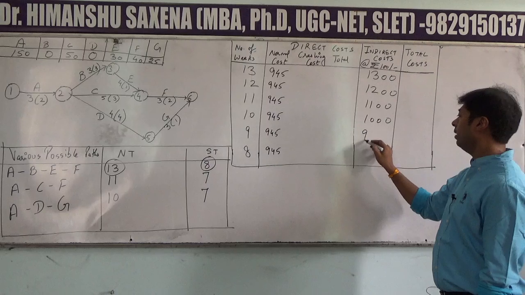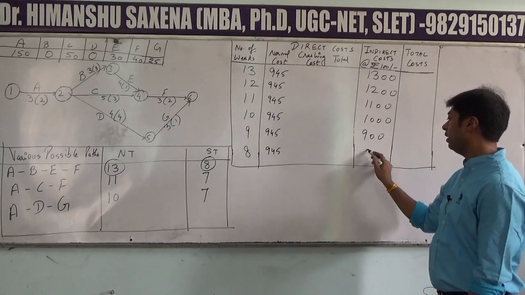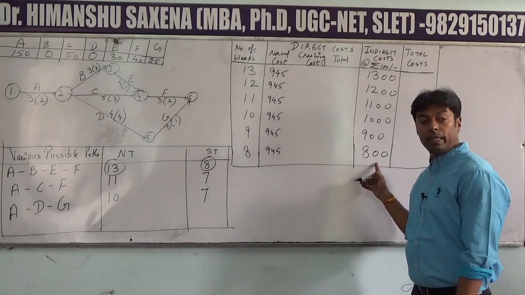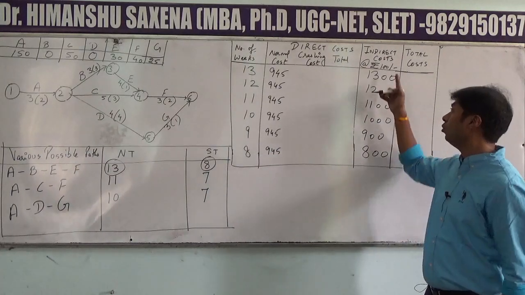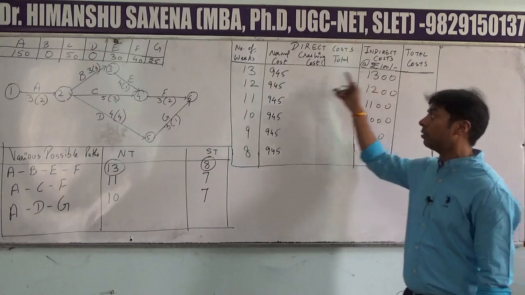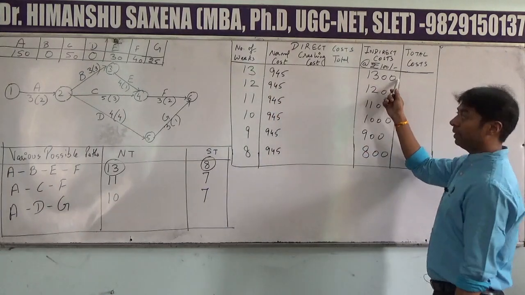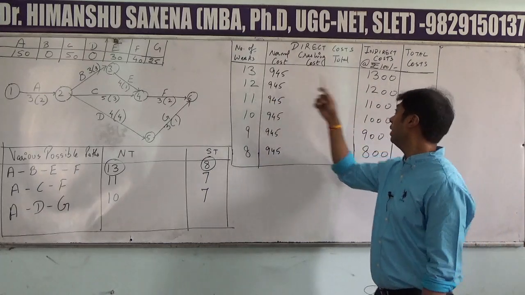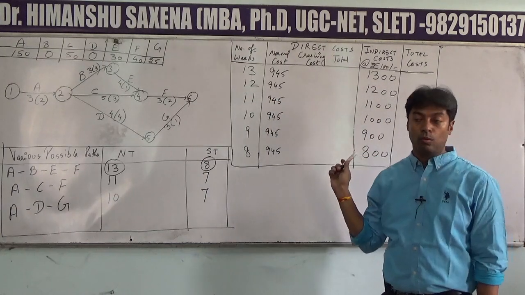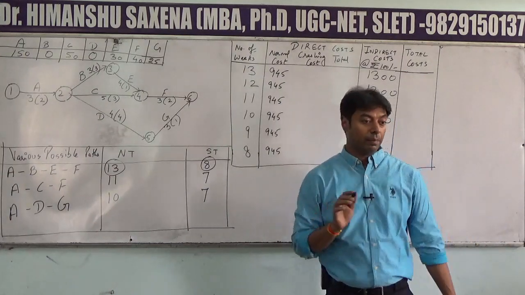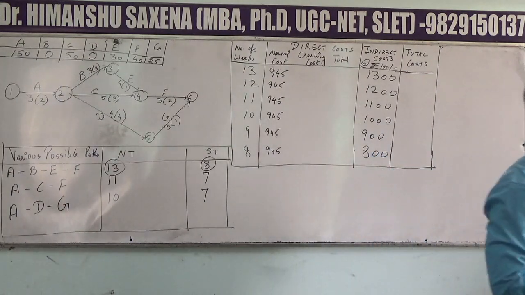Indirect cost for 9 will be equal to 900. And finally for 8 weeks will be equal to 800. So we need to multiply the value of the indirect cost with the respective duration. For 13 it will be 1300, for 12 it will be 1200, and so on. So is this clear up till here? Please take down the values up till here, then we will proceed further.